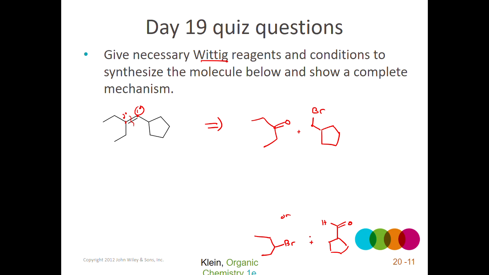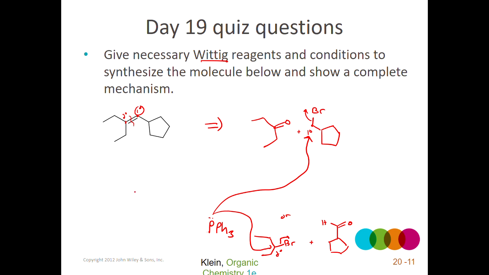That might also work, but it's probably not going to be as fast kinetically, because what has to happen here is the triphenylphosphine, which is kind of crowded, has to come in here and push out the leaving group. Here, though, it's primary versus secondary alkyl halide, so it's much easier for the triphenylphosphine to come in there and push that out.